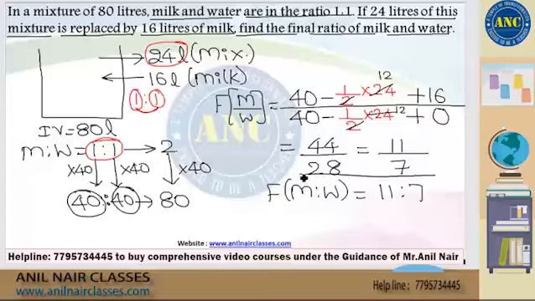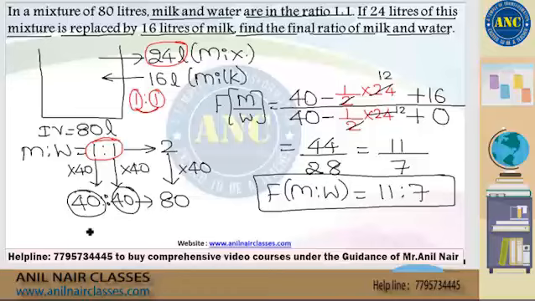Why did I take this question right now? In the previous question I told you that whatever mixture you take outside, if you take it out in the same ratio as the initial ratio, then you will get the final ratio also equal to the initial ratio. But nothing should be added in that case.